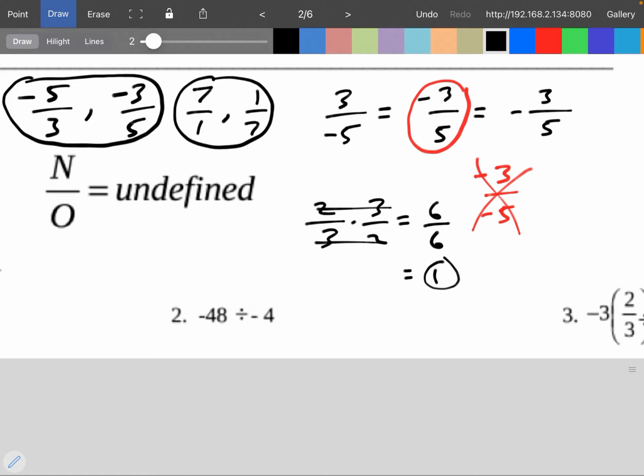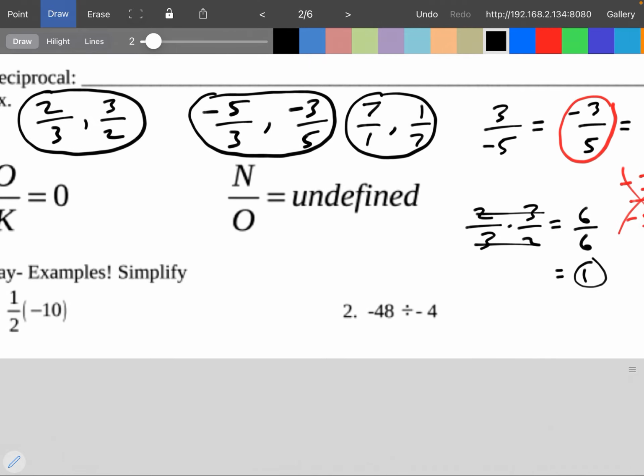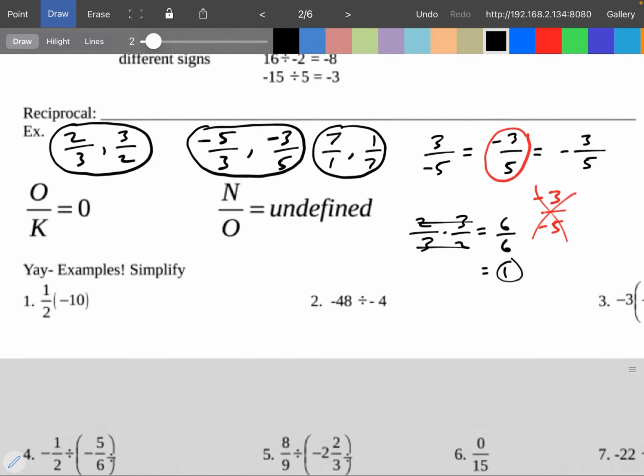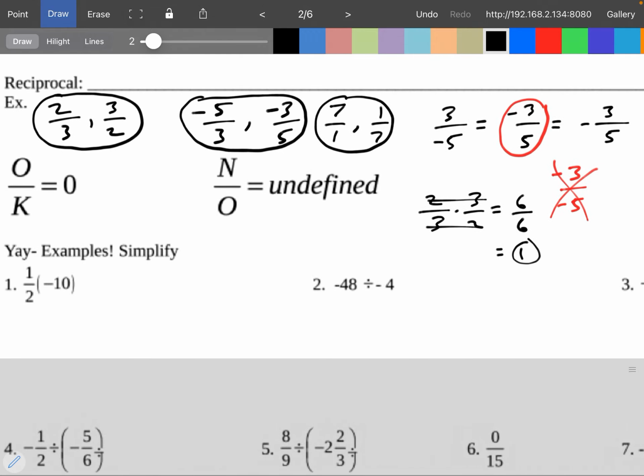Well, that means anytime you multiply two reciprocals together, the product is always 1. And that's kind of how I'm going to define it. So on that line up here, where it says reciprocal, we're going to write, let's see if I got enough room here. We're going to write, if two numbers are reciprocals, then their product is 1.